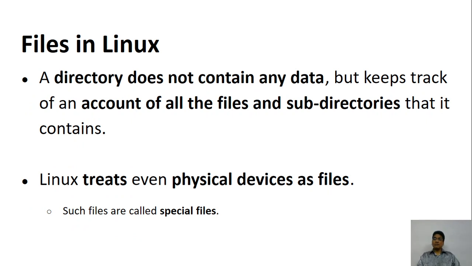The directory also stores some data, but it is not storing user data. The data that a directory stores is information about the files, like the name of the files, the permissions assigned to the file, when it was created and when it was modified. This kind of housekeeping information is placed inside a directory.